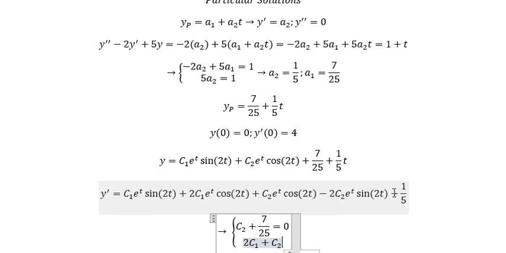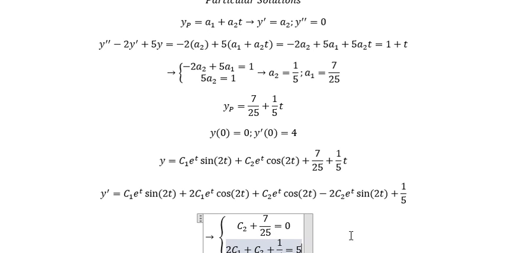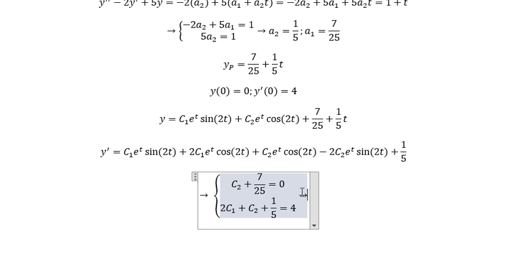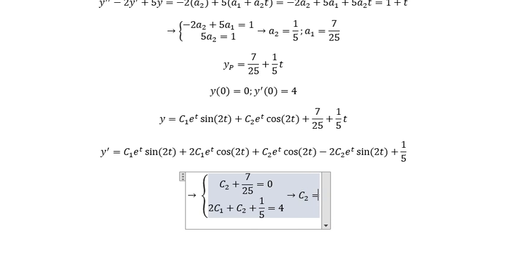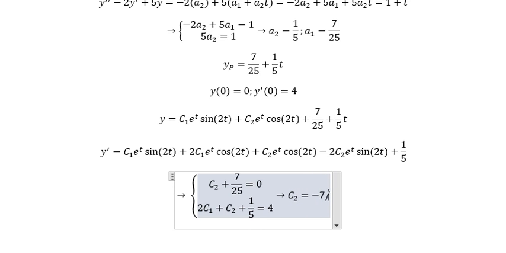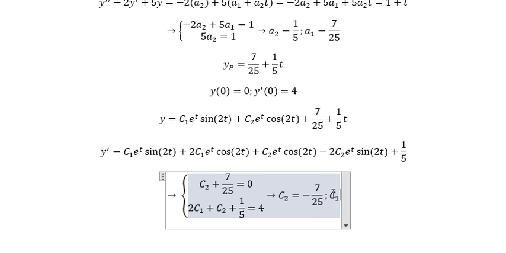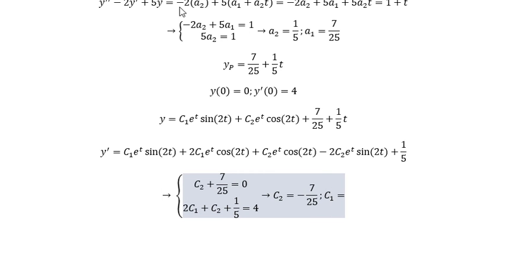This one you got about 0 plus 1 over 5 equal to number 4. After we calculate this one, we got about C2 equal to negative 7 over 25. And we got about C1. That should be about 51 over 25.